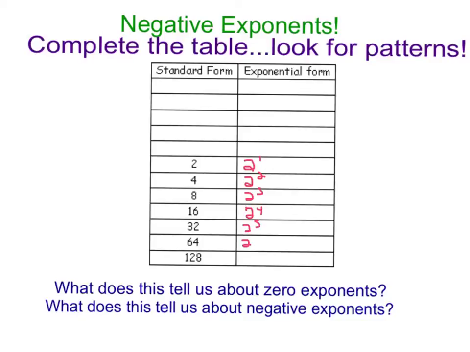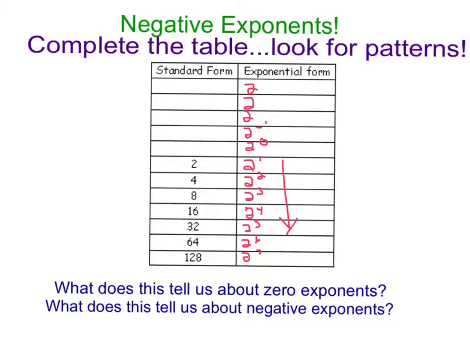So we're going to work backwards. Going backwards here, my base is always 2, so that stays the same. And what is happening to my exponent? If we're going this way, it gets greater by 1, so going backwards we're going to have less than 1.